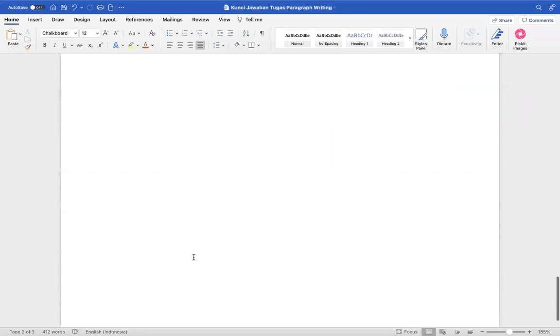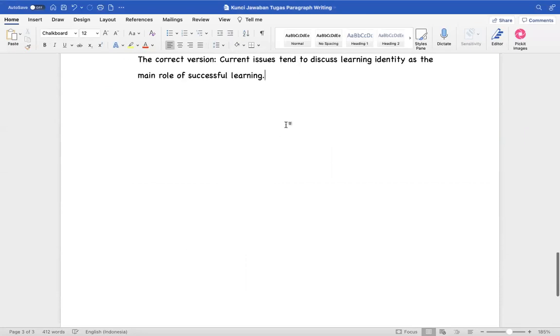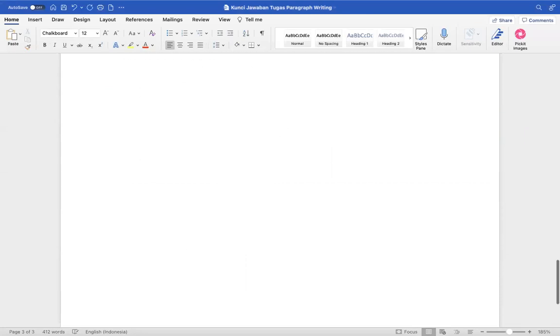So an appositive is when we have a subject, comma, and comma again, and then you have the verb. The thing between these commas is called an appositive.